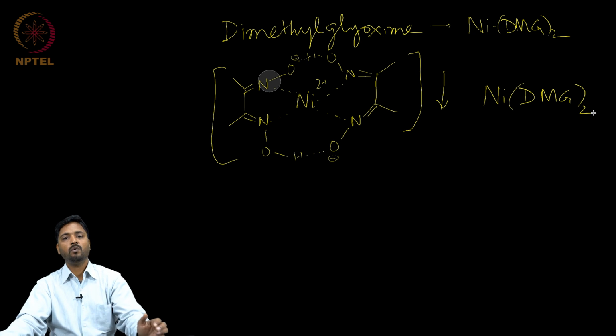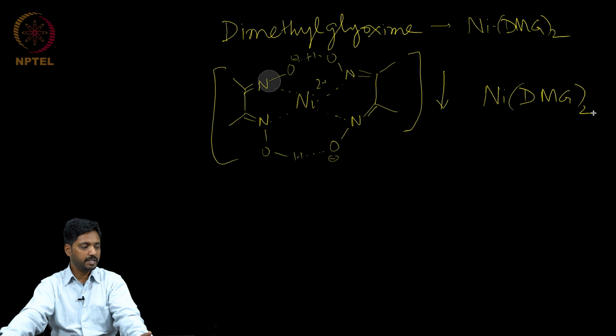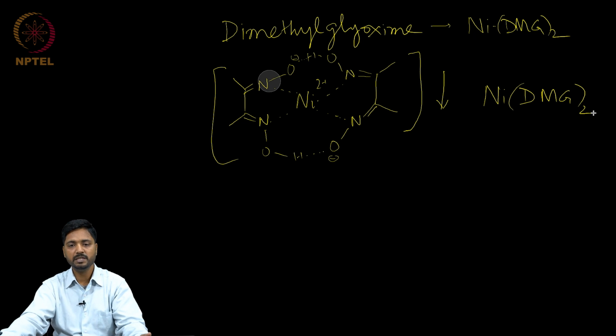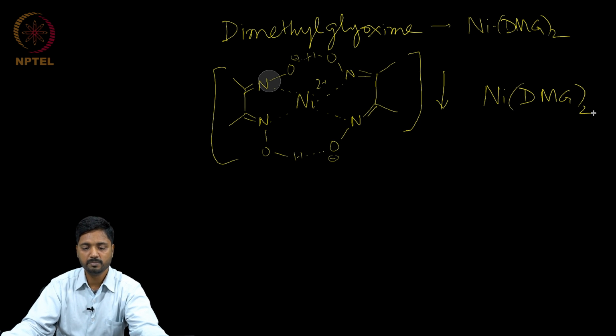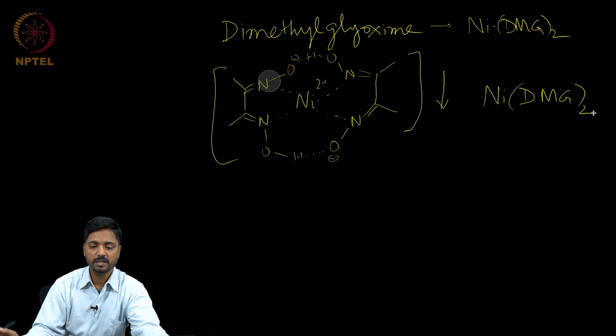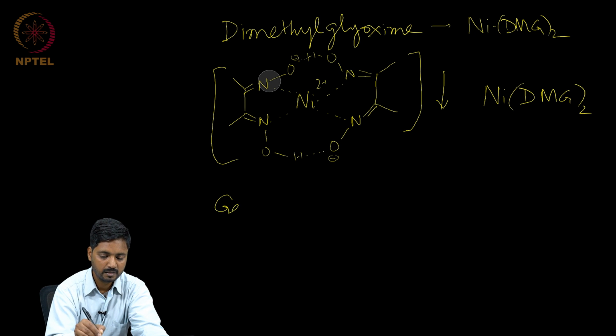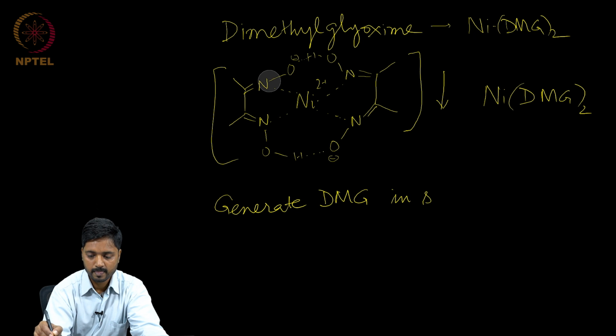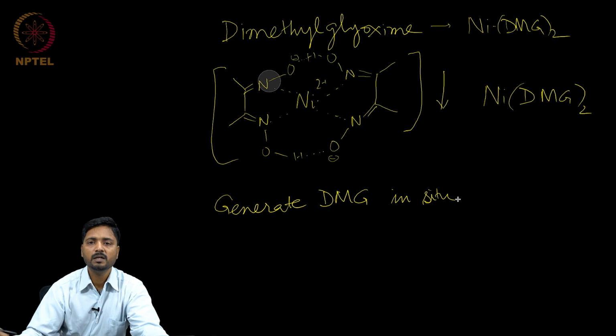Now, one straightforward way to get a more monodisperse and easily separable precipitate of nickel DMG is to generate dimethyl glyoxime in situ. In situ is nothing but in the reaction mixture.